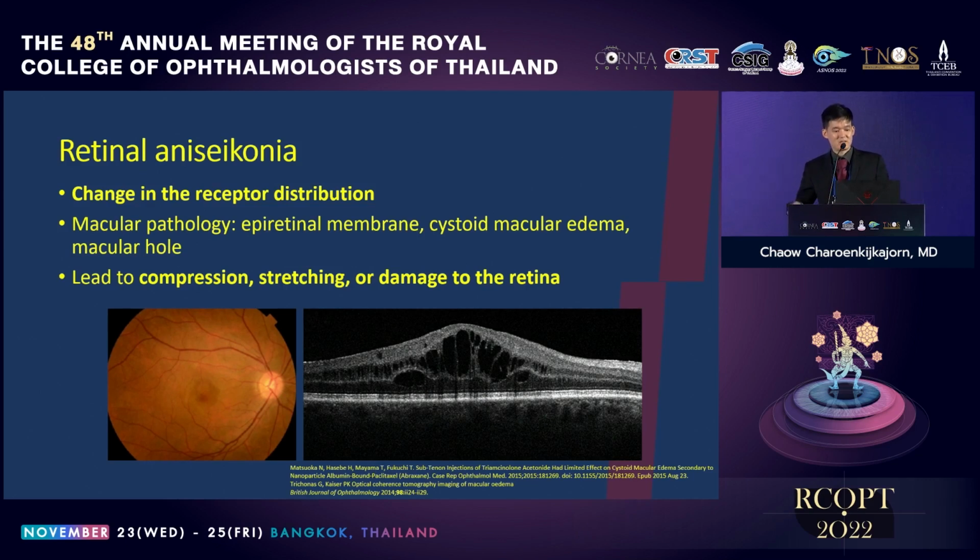And these retinal pathologies can lead to aniseikonia because they change the distribution of the photoreceptors of the macula. It may make them closer together by compressing them together, or it makes them spread out more than they should be. And that will affect how the brain interprets the size of the image.